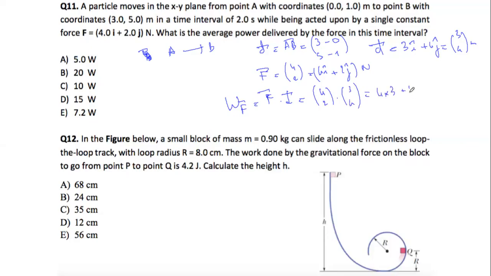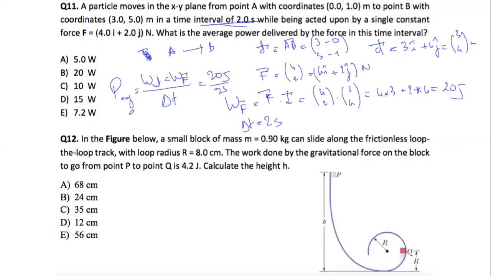So 4 times 3 plus 2 times 4. This gives you 20. And this happened for a time interval of 2 seconds. I said it here. So the average power, P average, is equal to the net work, which is equal to the work of the force F, divided by delta T. So it's 20 joule divided by 2 seconds. This gives you 10 watts.